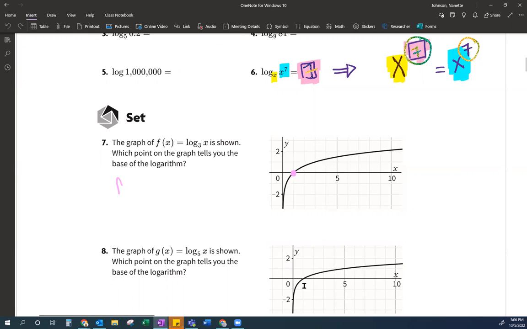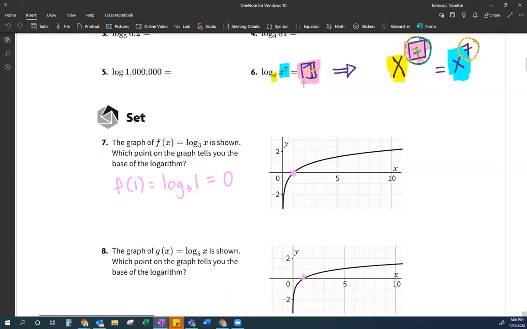Notice here, it is also 0 here. So it didn't matter what the base was, it's always going to give you 0, which makes sense because anything to the 0 is always going to give me 1. 3 to the 0 is 1, 5 to the 0 is 1. So that's not a good point.